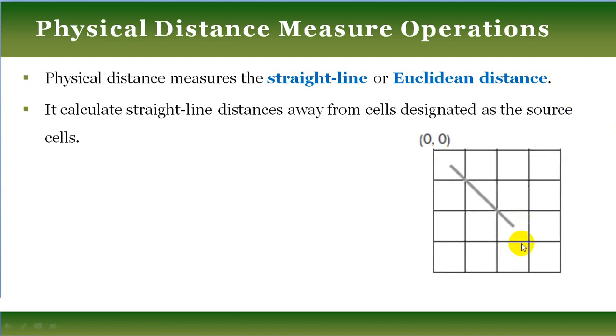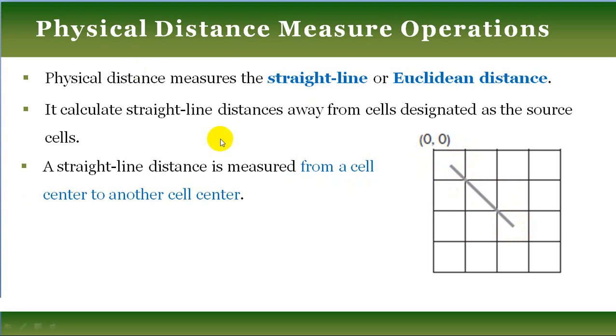Suppose you consider this is a source cell, and from this cell you want to measure the distance to this cell. The straight line distance, the physical distance measurement, we perform from the cell center to another cell center, not the cell edge.